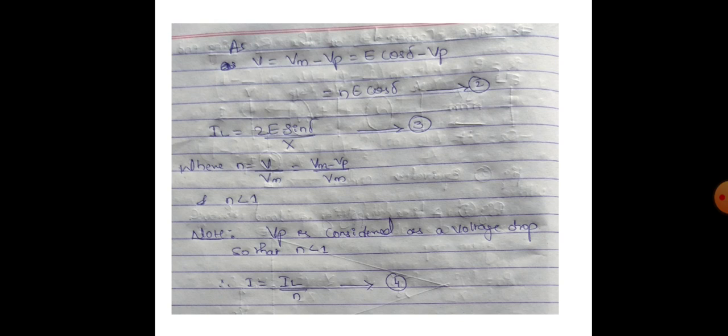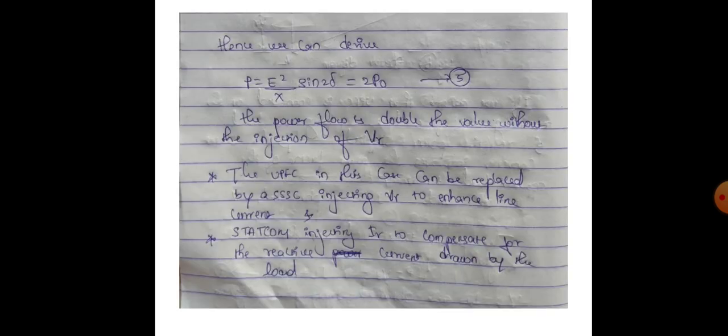Here we have a note where Vp is considered as a voltage drop, so that N is less than or equal to 1. Therefore, I is equal to IL by N. Hence, we can derive that the active power flow P equal to E square by X sin 2 delta, that is P equal to 2 P naught.